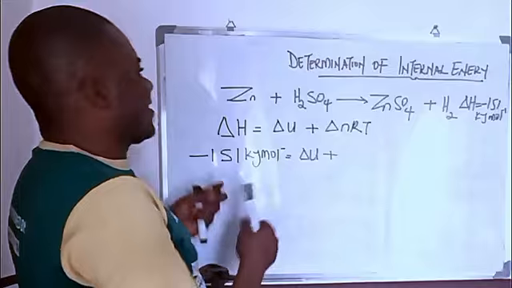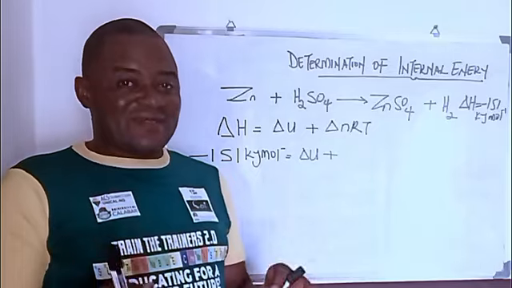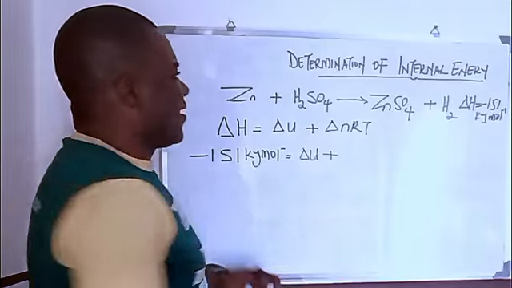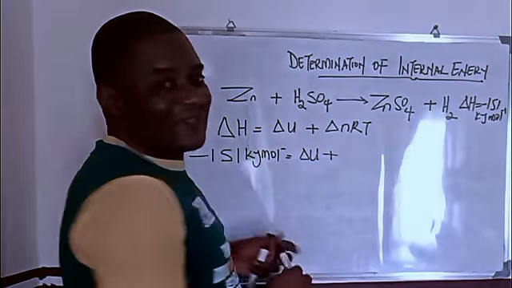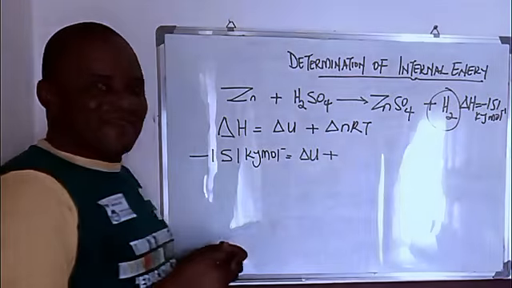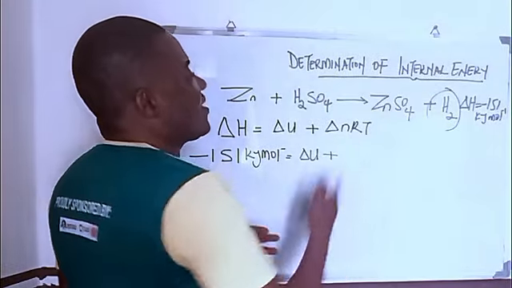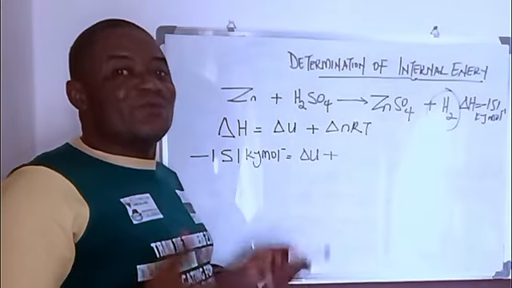If you take a look at this question, you see that it is only one gas that we have here, and that gas is hydrogen. At the product side, it is only hydrogen gas that is being given off. Therefore, we are dealing with hydrogen, and the hydrogen in this equation is only 1 mole.